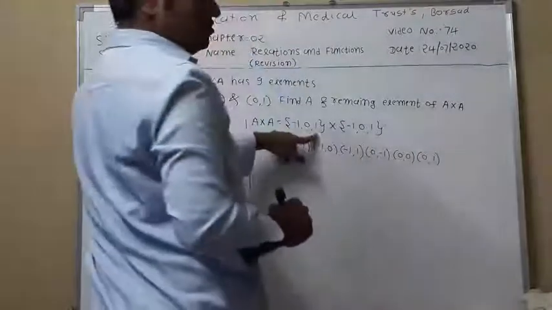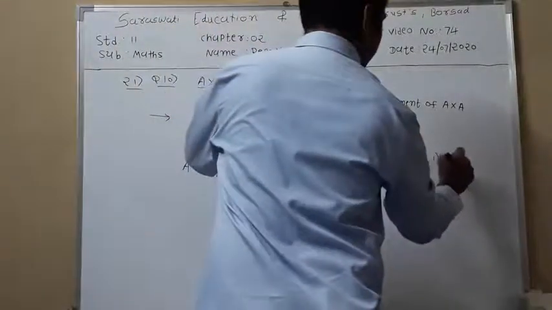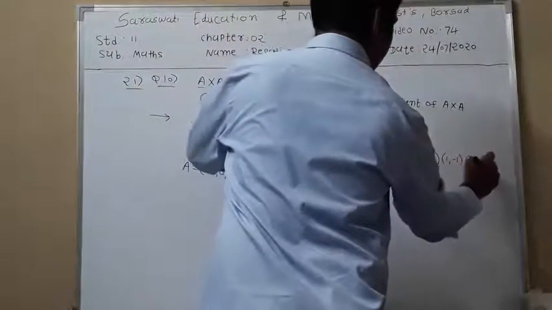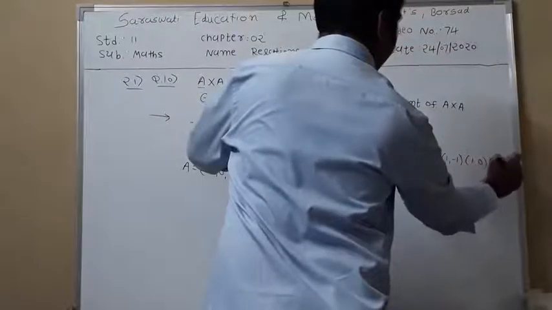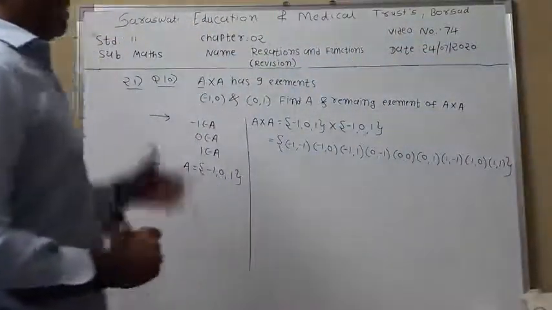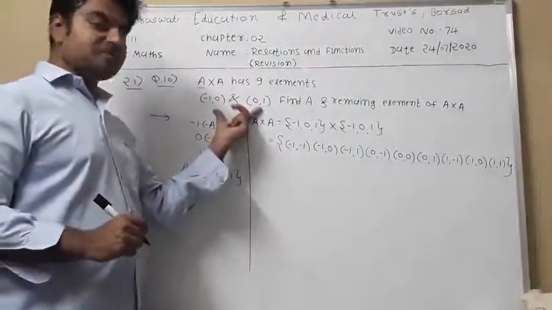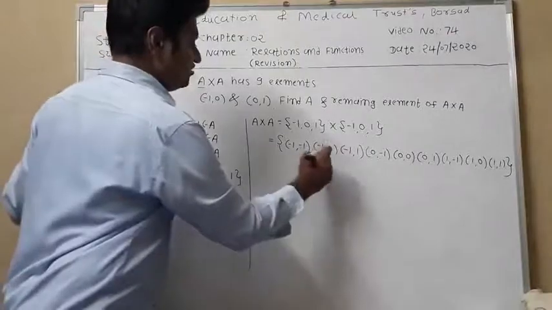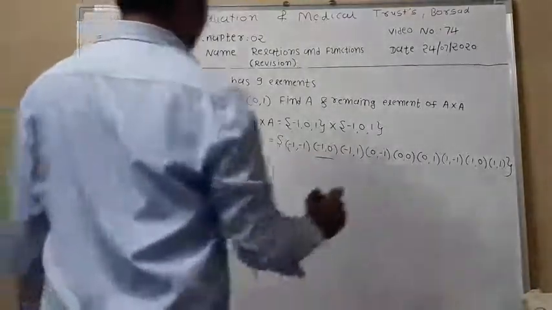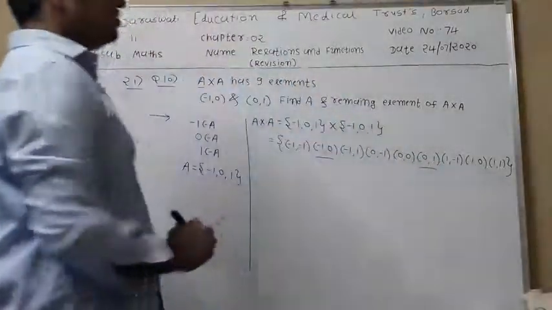And third, (1,-1), (1,0), (1,1). Set over. Now how many ordered pairs are given? (-1, 0) and (0, 1). That means 2 elements are given.